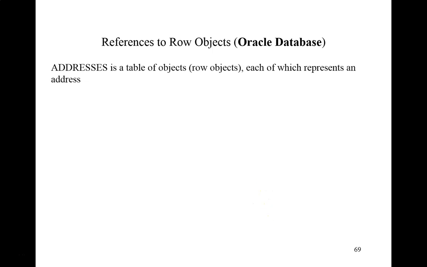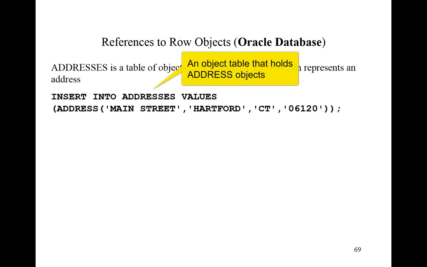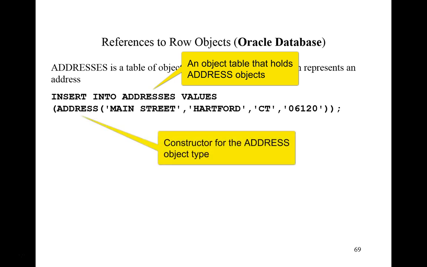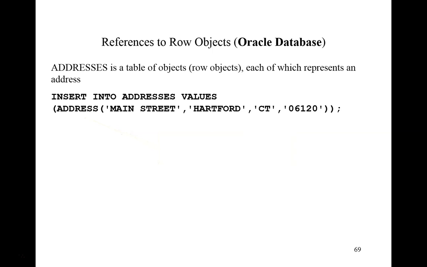We've created a table called addresses, which is a collection of objects. Each of these objects represents an address. In our situation, each object potentially could be the home address of an employee. First, let's create some address objects. We insert into addresses the result of invoking the address constructor, address being the object type, and we provide 4 attributes.